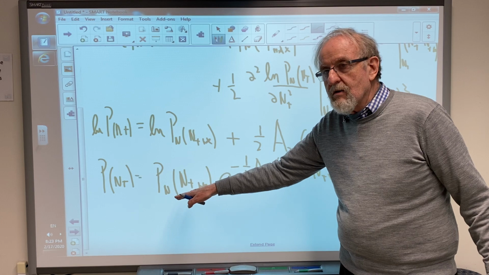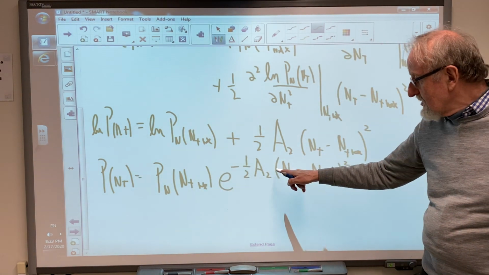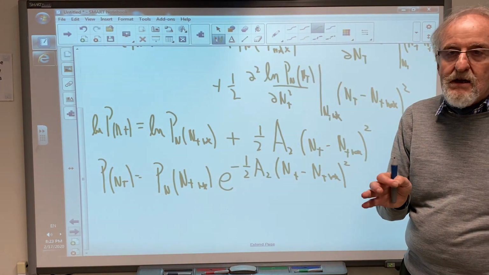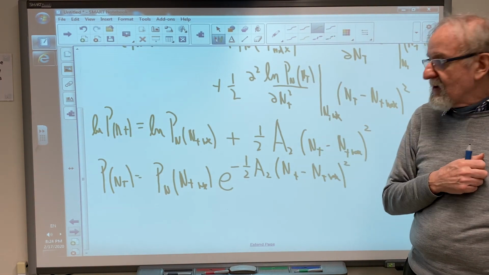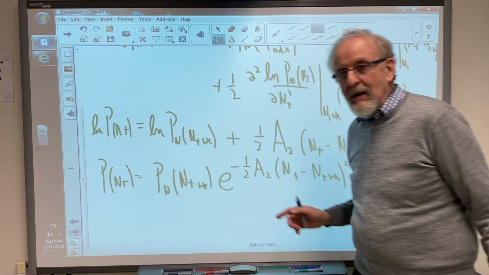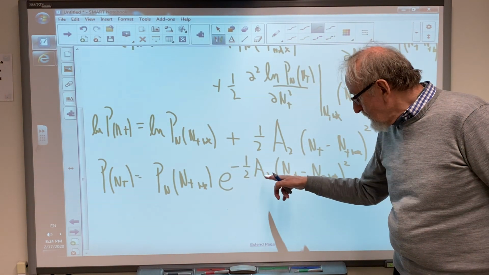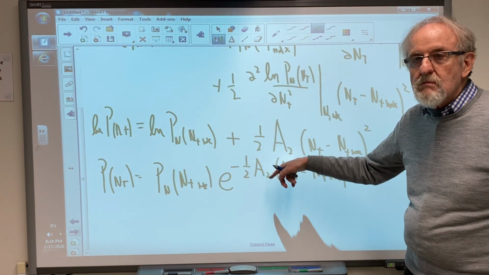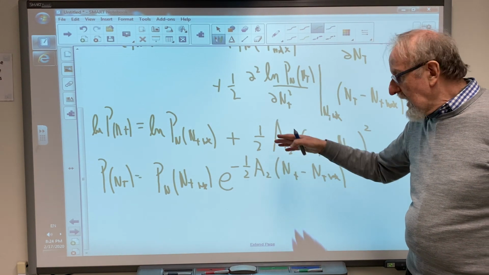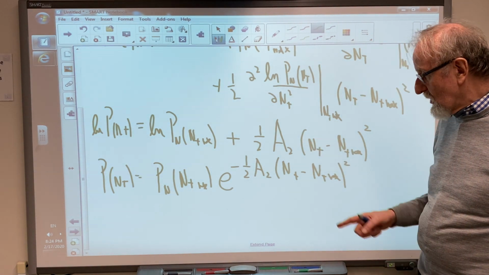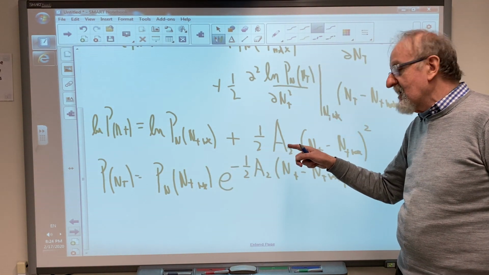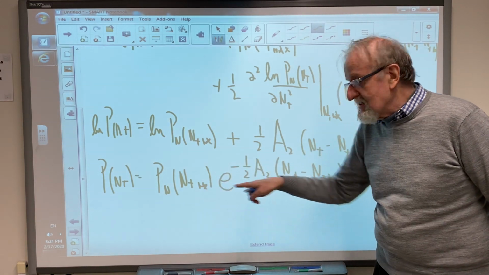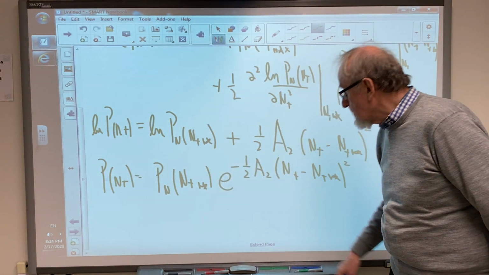The value of the function times this, where I remind you, n plus maximum, I have still to determine where is the maximum of the function Pn of n plus, and I have to calculate this quantity, the second derivative of the logarithm at precisely the maximum. So I need first to calculate the maximum, then take the second derivative of the logarithm in that place where I just calculated, and then that's the expansion.